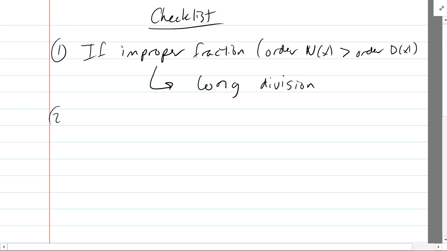But you might have to still do this. Okay, after that happens, if you still got something left you have to mess with, then you're going to factor the denominator completely. And I do mean completely.